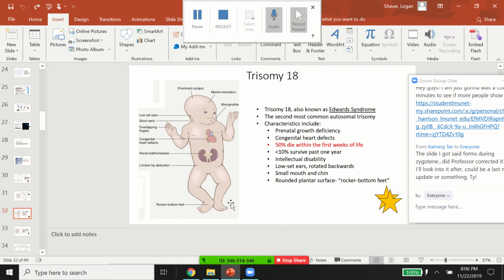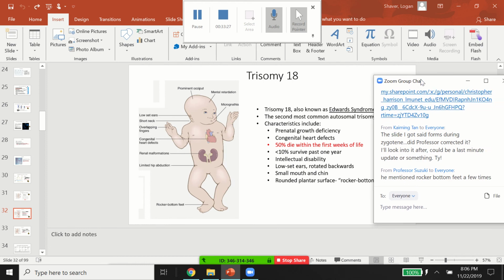That screams trisomy 18 if you hear any of those. Most of the time, they'll probably tell you micrognathia and rocker bottom feet, or 2 or 3 of those. If they give you trisomy 18 as an option and you see those 2 or 3 things on there, that's what it is. That's typically the stuff that's easier for me to remember because it's super distinguishing from the other trisomy.